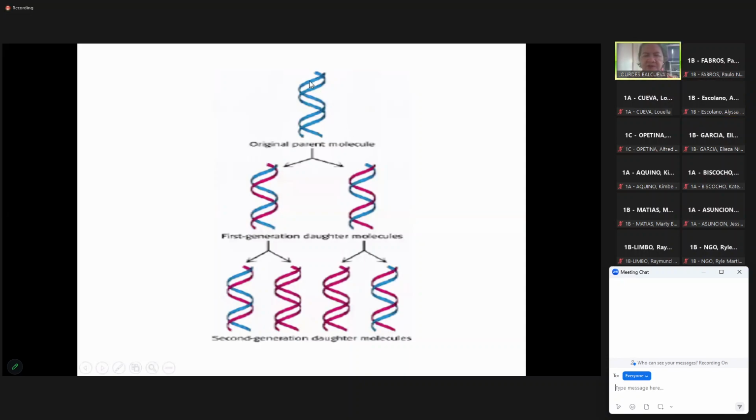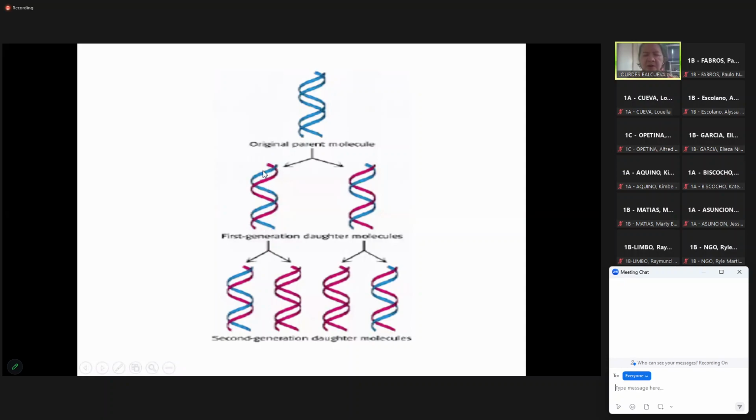So this is your DNA molecule, the parent DNA molecule, okay? We have two strands there, and they run anti-parallel to each other. One strand runs 5' to 3', the other strand runs 3' to 5'. So it should be opposite, no? The two chains of DNA are separated during replication, and each strand is capable of synthesizing another chain of DNA.